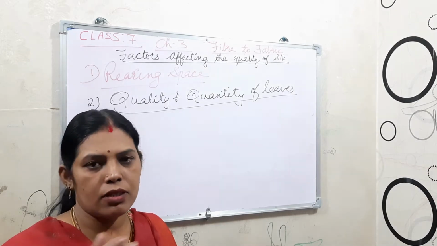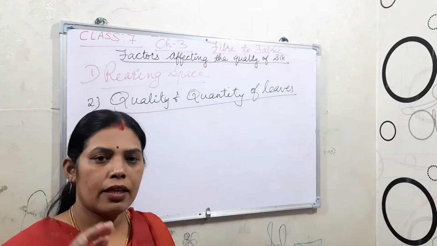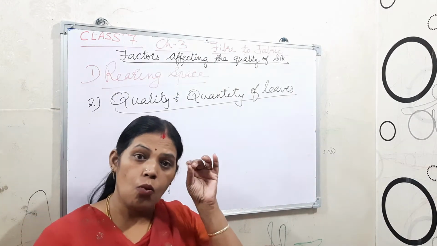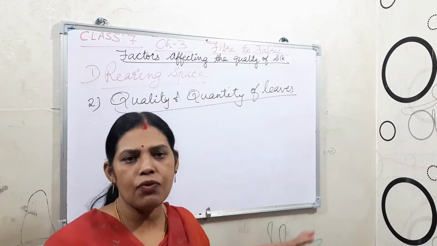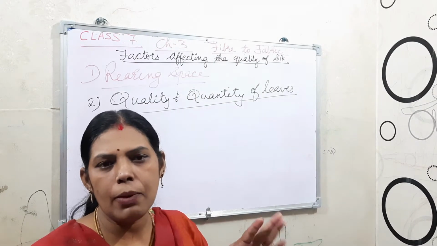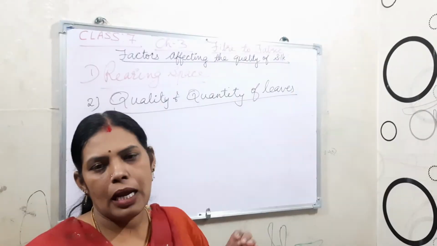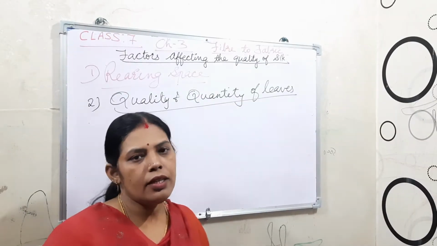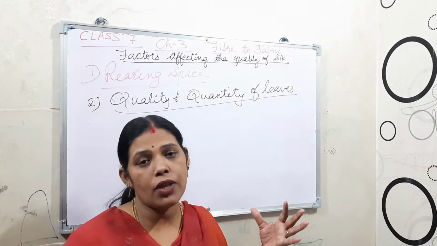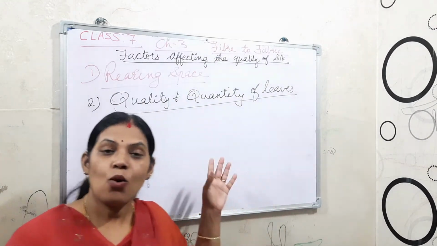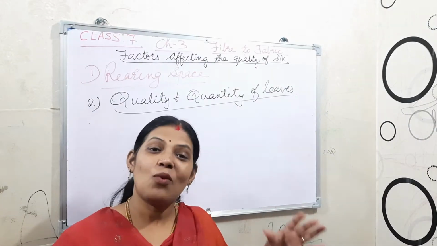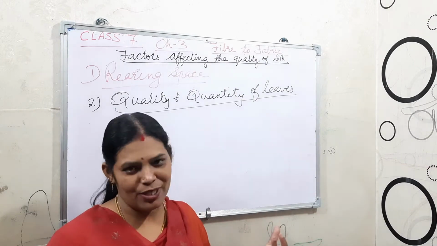Such top leaves are given to the younger worms. The older worms are fed with the leaves available on the bottom portion of the mulberry tree. The quality of the silk depends upon the quality of the caterpillar, which depends on the leaves. If the quality of the caterpillar is good, then the quality of the silk also becomes good.